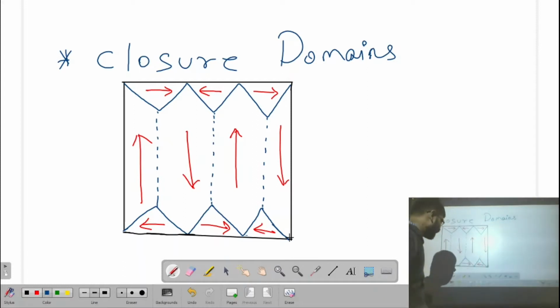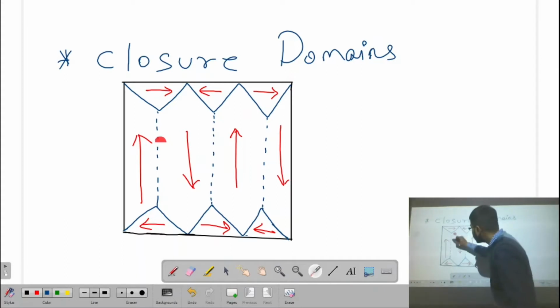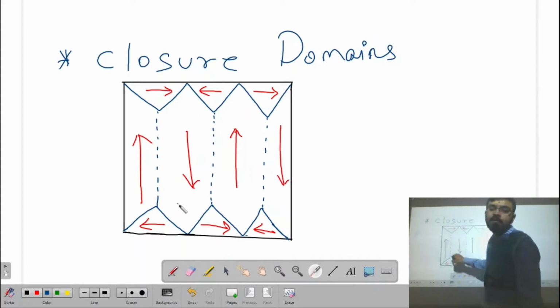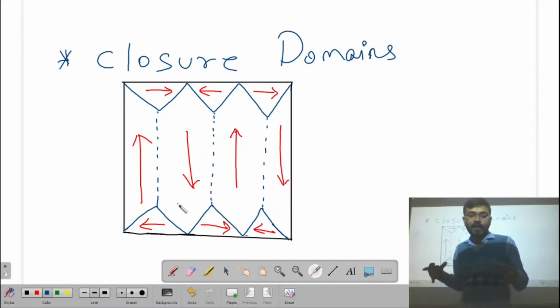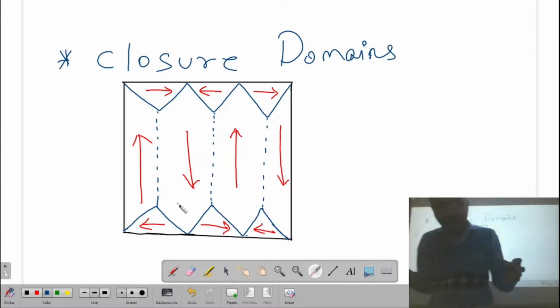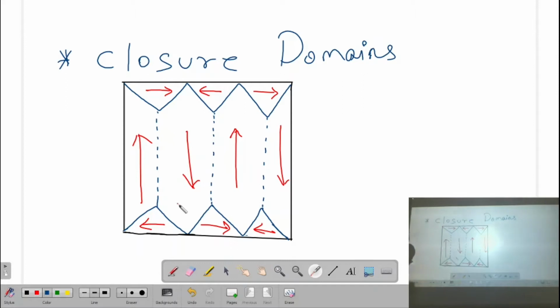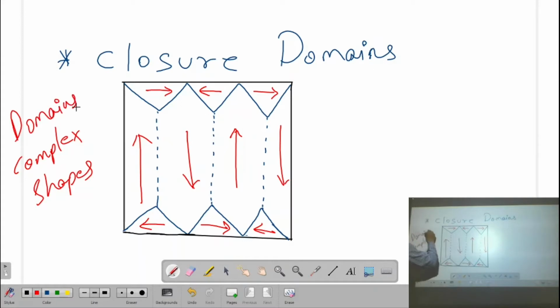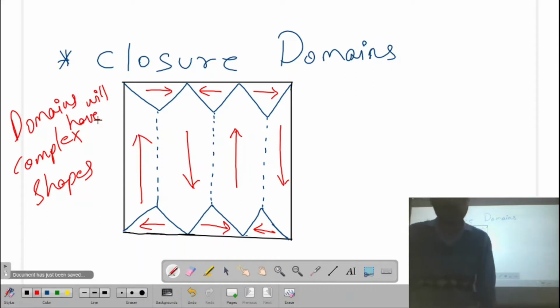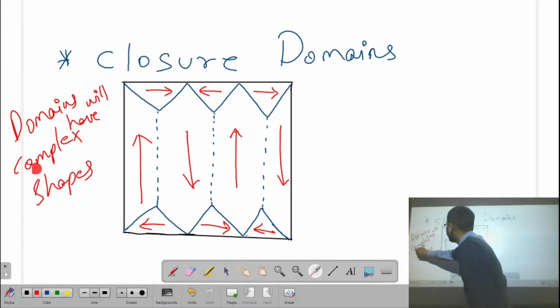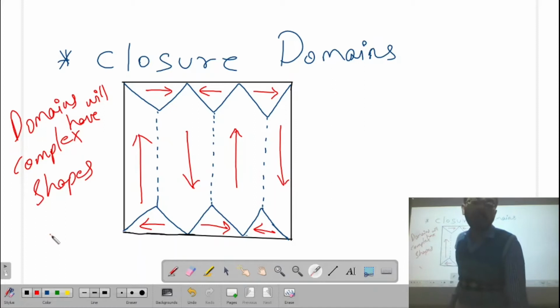Inside a material, this kind of domain will try to shrink itself, and they will have intricate, complex shapes in order to reduce the magnetization energy and try to have a zero resultant atomic magnetic dipole moment.